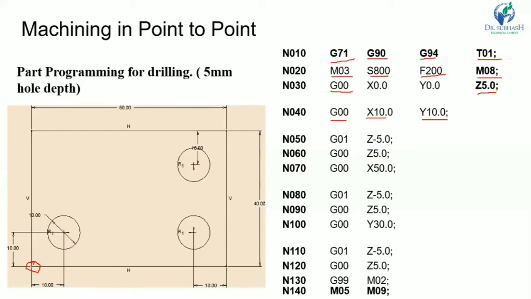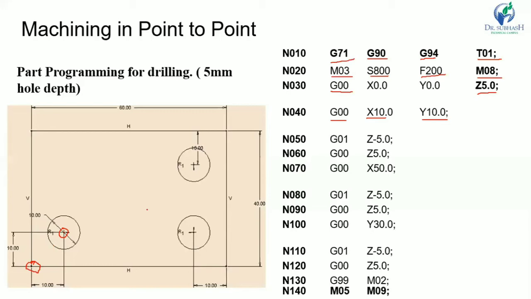So the tool will move from this 0,0 to the center of this hole. You can see X10 and Y10. Now the tool will be here, 5 mm above the workpiece.